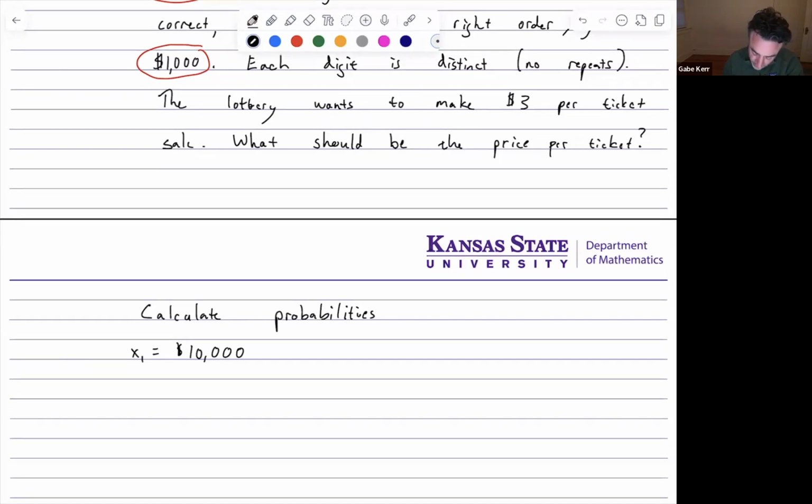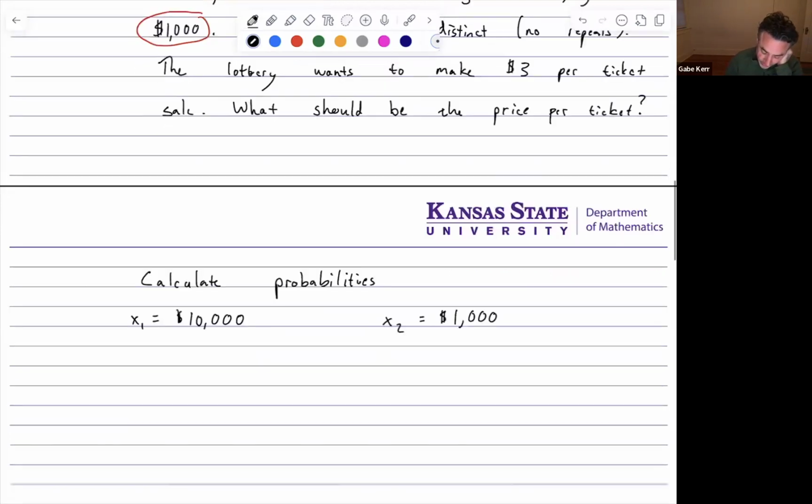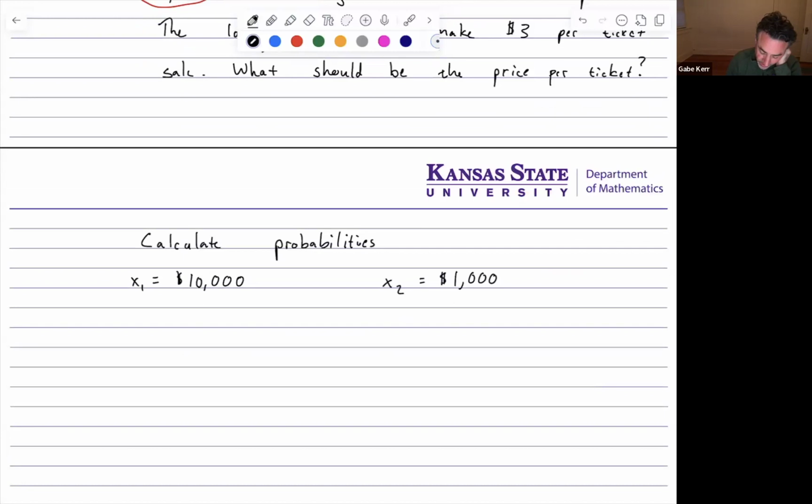And what is the probability of X2, having a $1,000 payoff? Well, we have to calculate all of the possible outcomes here. This is an equiprobable situation.